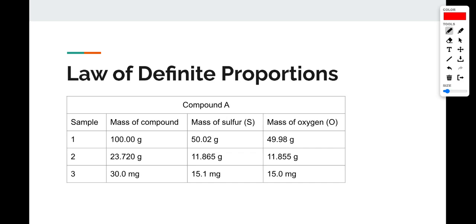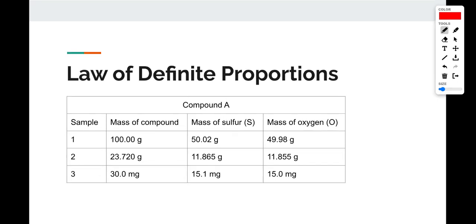So here's an example. If you had three different samples of the same compound made from sulfur and oxygen, let's use trial one as an example. Let's say you had 100 grams of this compound. We call it compound A. And you could take all the oxygen out that was in the compound, find out you had 49.98 grams of it.